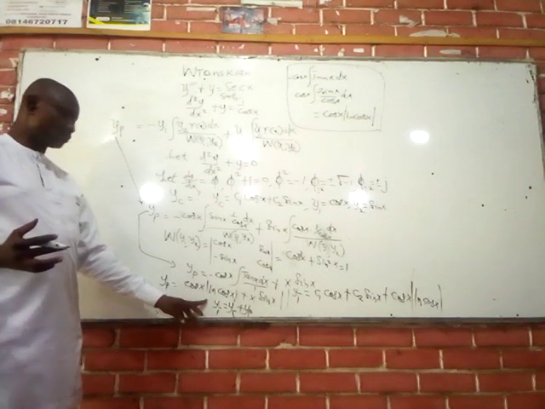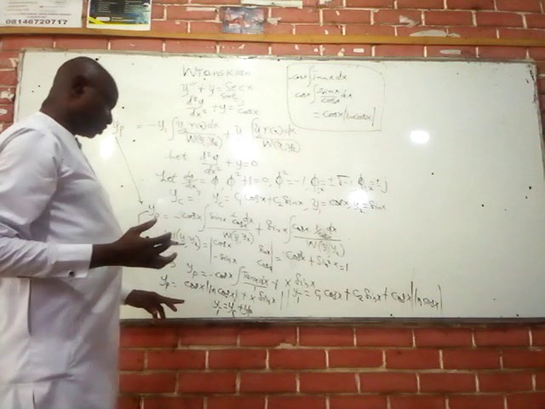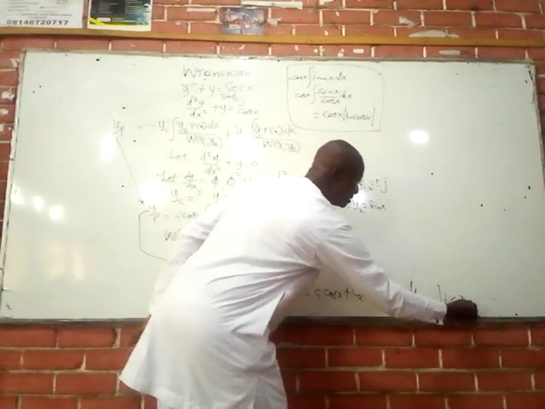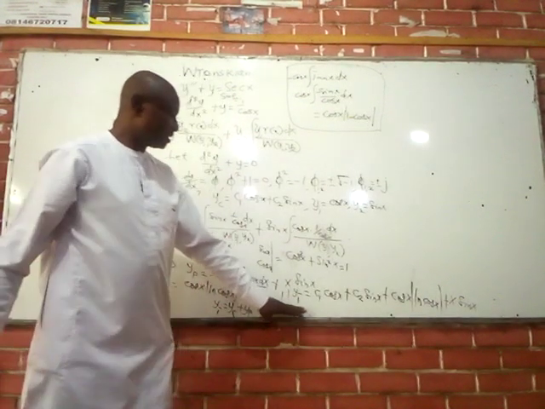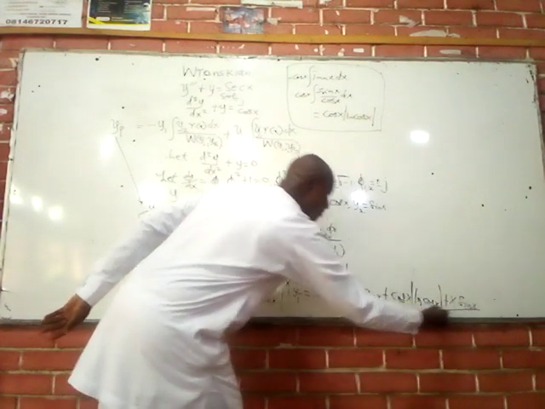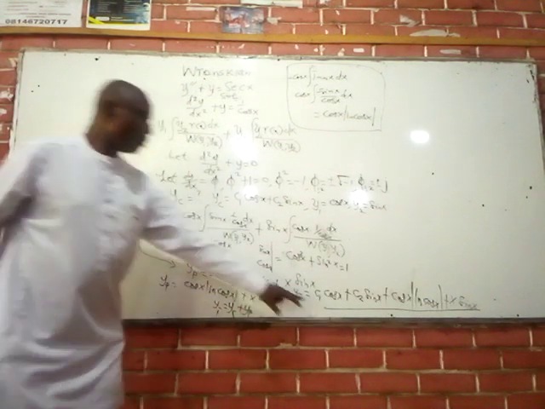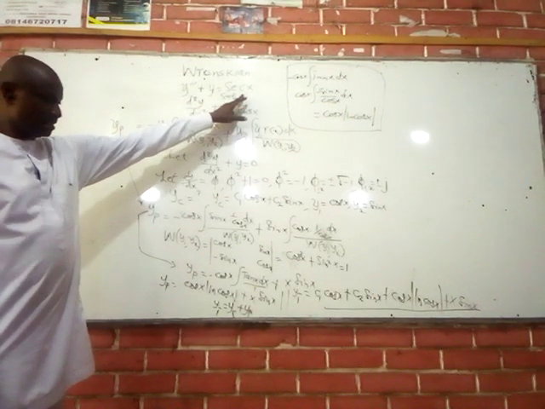That is why it has to be absolute, for the natural logarithmic expression to be positive, plus x sin x. Now, this last expression is the final answer for the question y'' plus y equal to sec x.